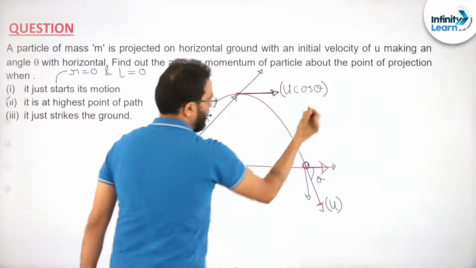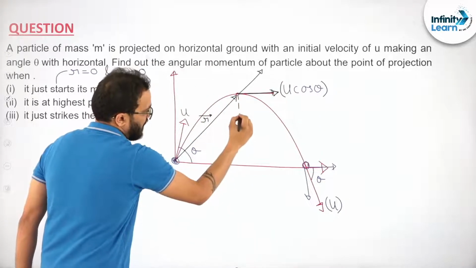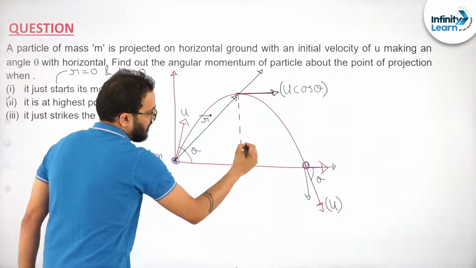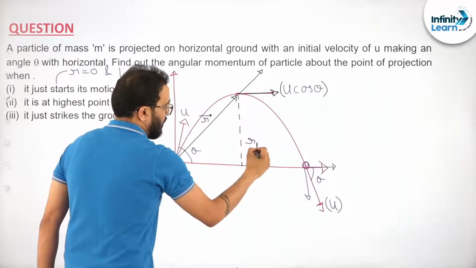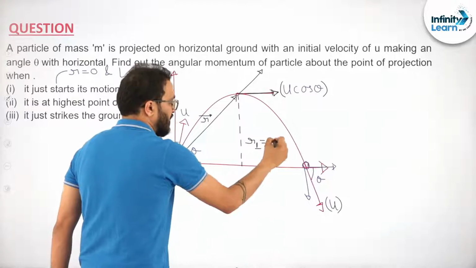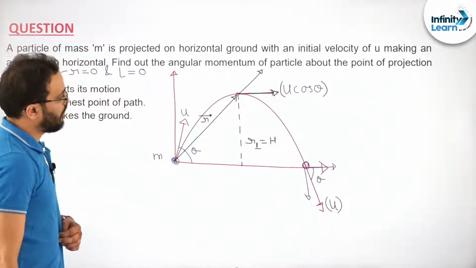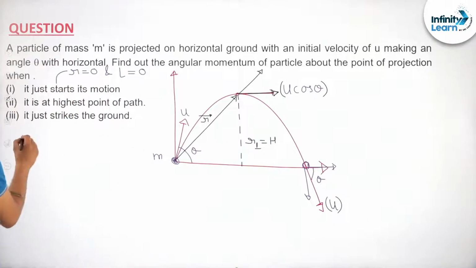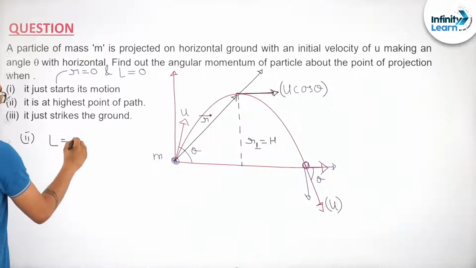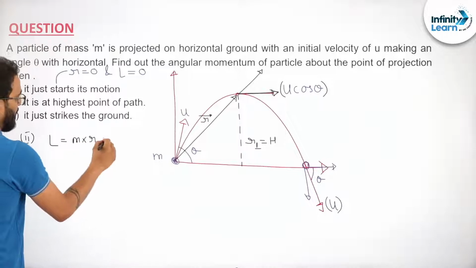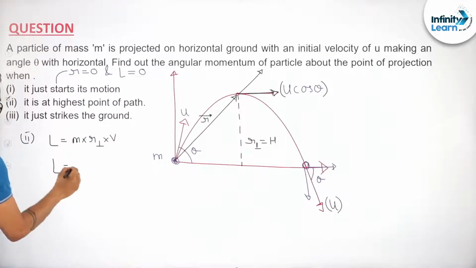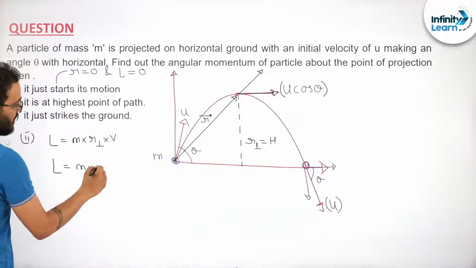So we break r into another component, this is r perpendicular, and you already know this height, this distance, that is capital H. So in the second case it is very easy. Angular momentum will be m into r perpendicular into v. So m into height is how much?